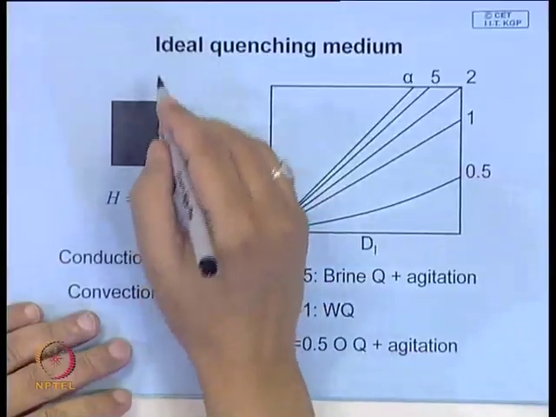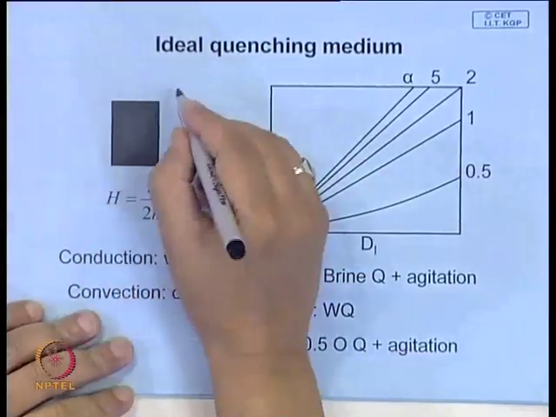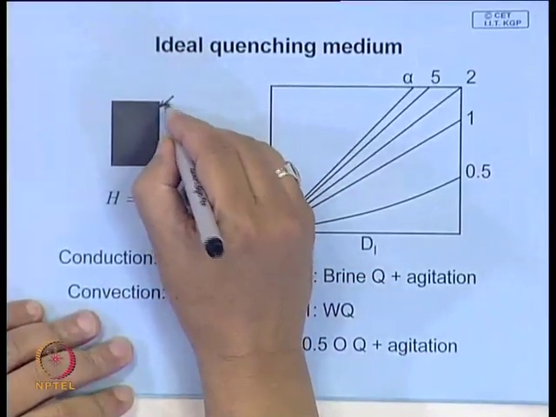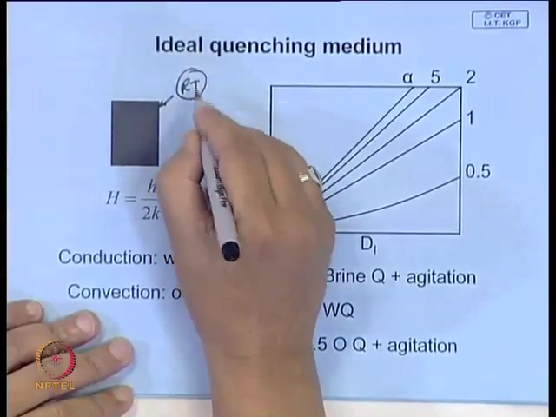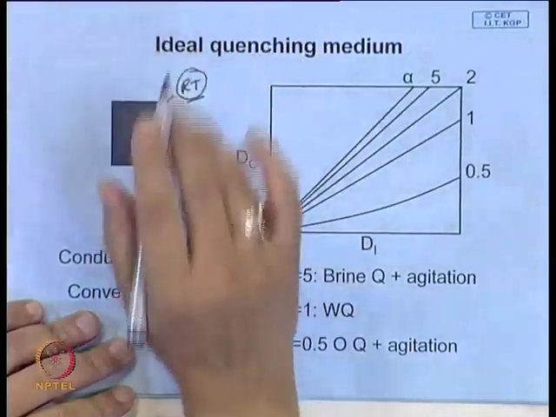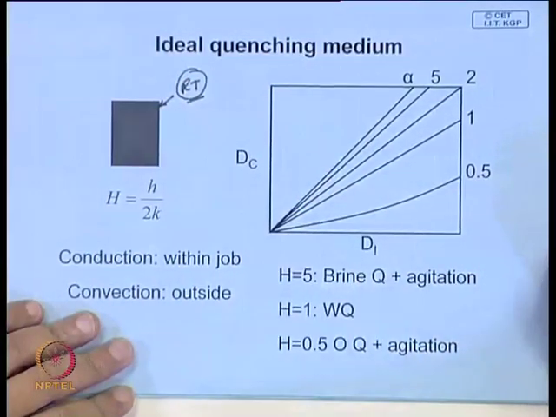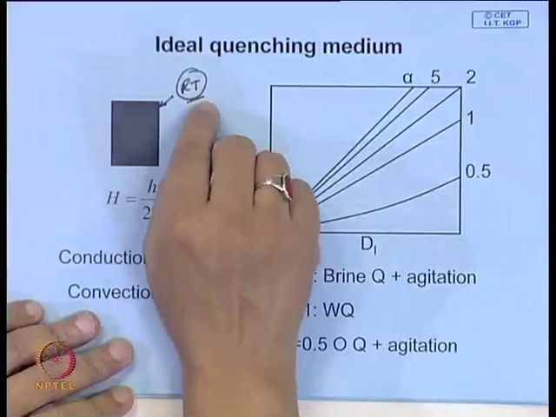When you quench the job in water, say from 760 in cool water, you are decreasing the surface temperature drastically. Now, think of an ideal medium where, when you quench, the surface temperature immediately comes down to room temperature, or 0 degree centigrade, below the MF temperature, where transformation is complete.